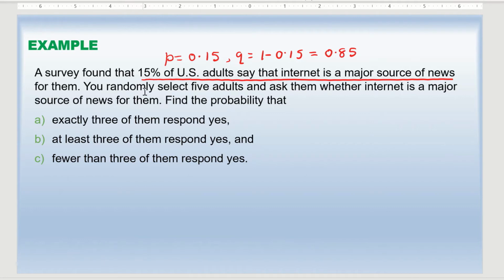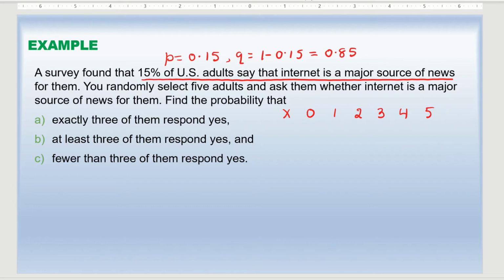Now you randomly select 5 adults and ask them whether the internet is the source of news for them. So you ask 5 of them, and you may get none of them, like 0 of them will say that they use the internet as the source. So it can be x equal to 0. Or one of them may use the internet as the source of news, or 2 of them, or 3, or maybe 4, or maybe all 5 of them.